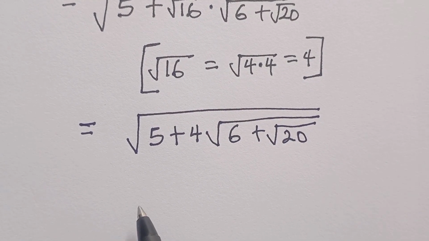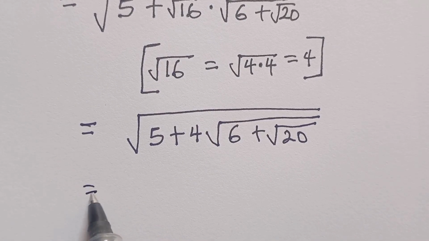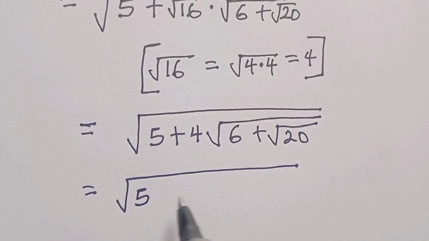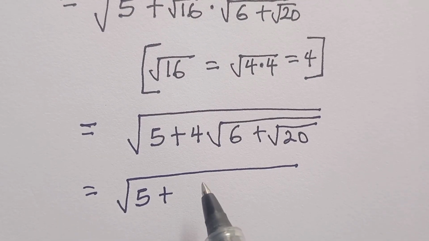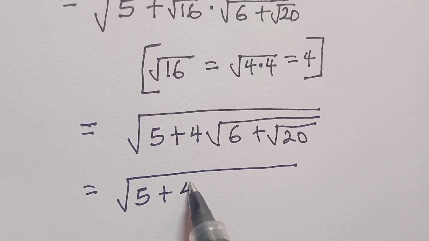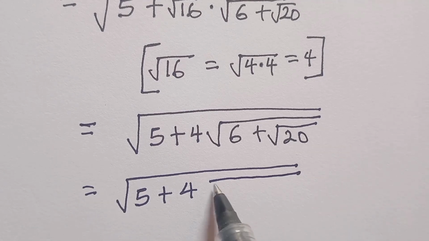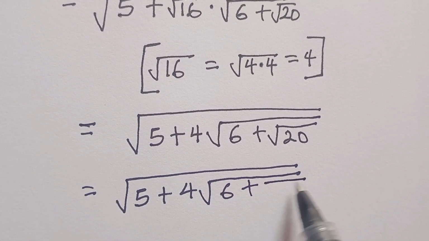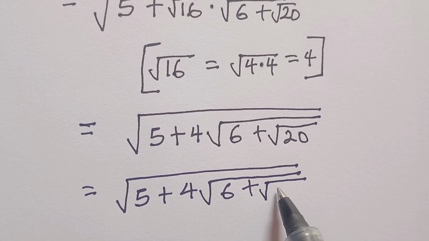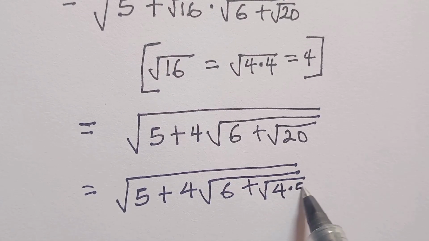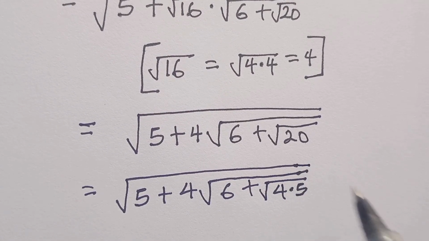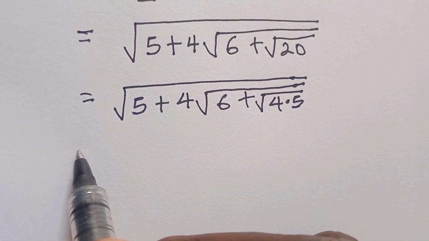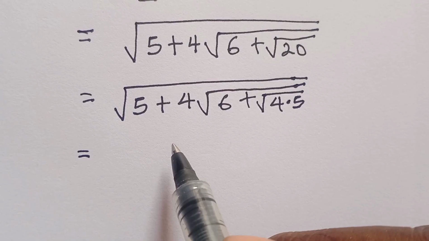Now, once you understand it up to this stage, let's move on by doing some mathematical process. So 5 plus 4 square root of 6 plus the square root of, if you split 20, you can simply write 4 times 5, because 4 times 5 will still give you 20, according to the rule that I applied earlier.